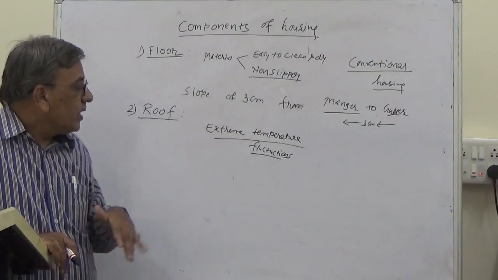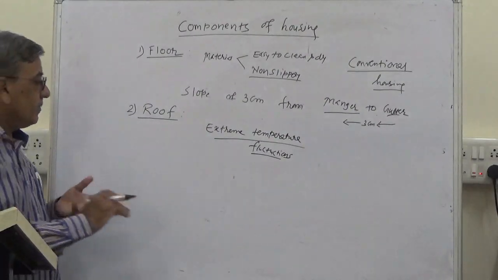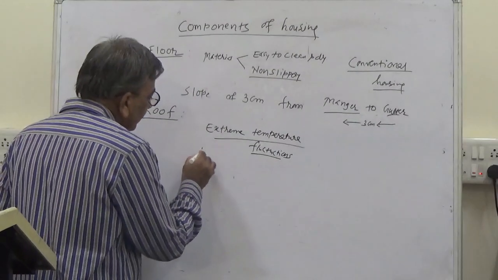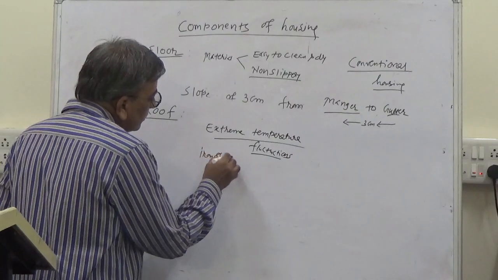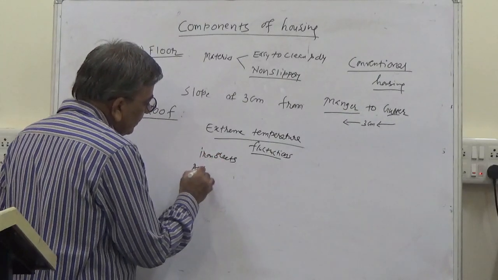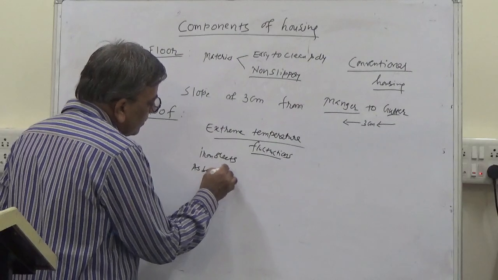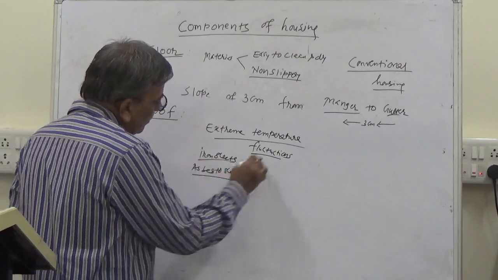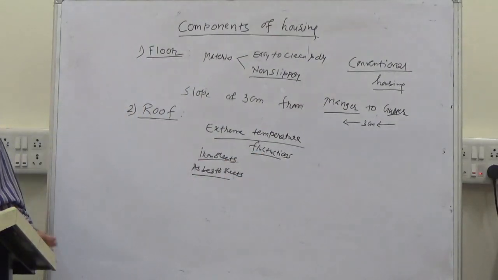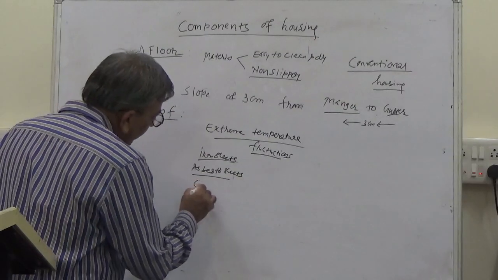The roof is made up of either iron sheets, asbestos sheets, and then cement sheets.